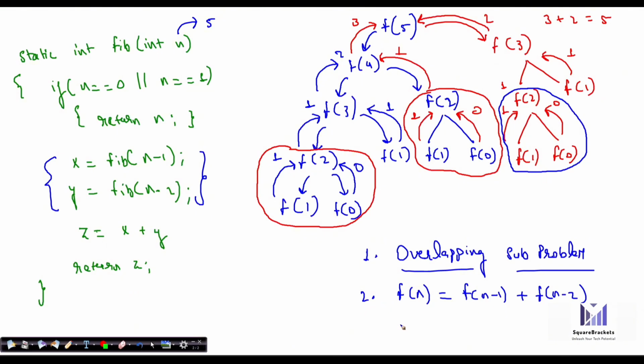This is the second problem with recursion. This is why we are moving towards DP, to get rid of these two problems. One is the overlapping subproblem, where you are calling this thing 3 times. And then there is the substructure property, where you always have to build this kind of recurrence relation. That's why we need DP.